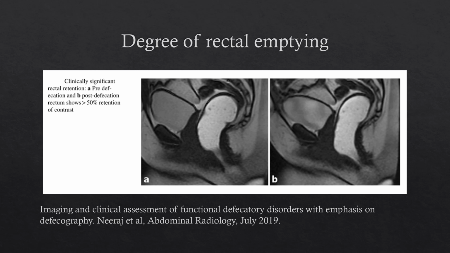If more than 50% of the gel is still present after defecation, this is called rectal retention of the gel. If more than 50% remains inside the rectum, this may help us diagnose functional obstruction.